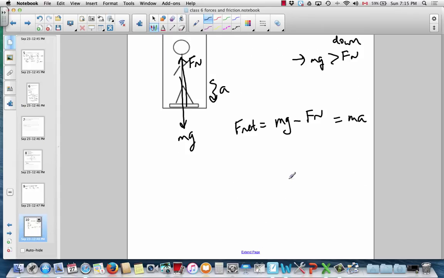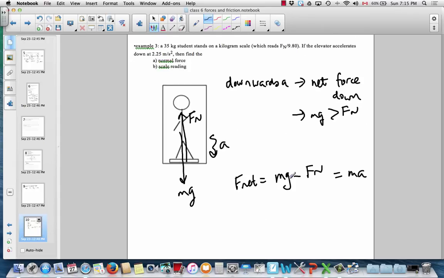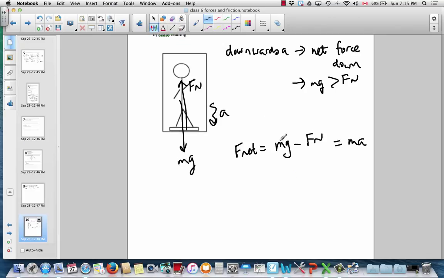So let's say you're a 35 kilogram student, the gravity field is 9.8, and you're accelerating downwards at 2.25 meters per second squared. Then this equation would give you the value of normal force, the scale reading that you would expect to find.